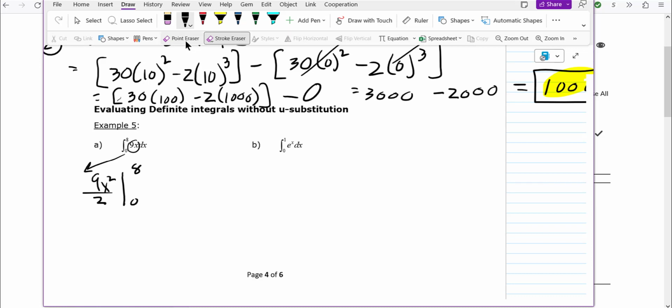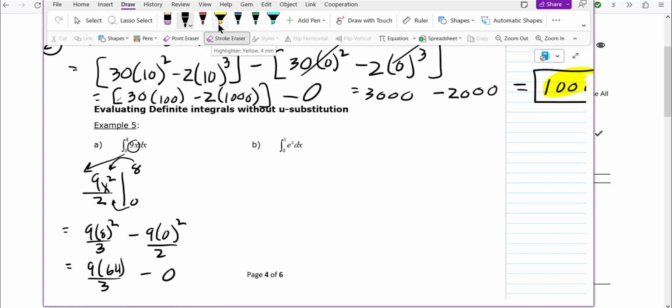Then you plug in the upper limit, so you'll do 9 times 8 to the second over 2. Then you plug the lower limit in, so that would be minus 9 times 0 to the second over 2. And you could certainly use your calculator if you needed to, so this would be 9 times 64 over 2. This whole thing would become 0.